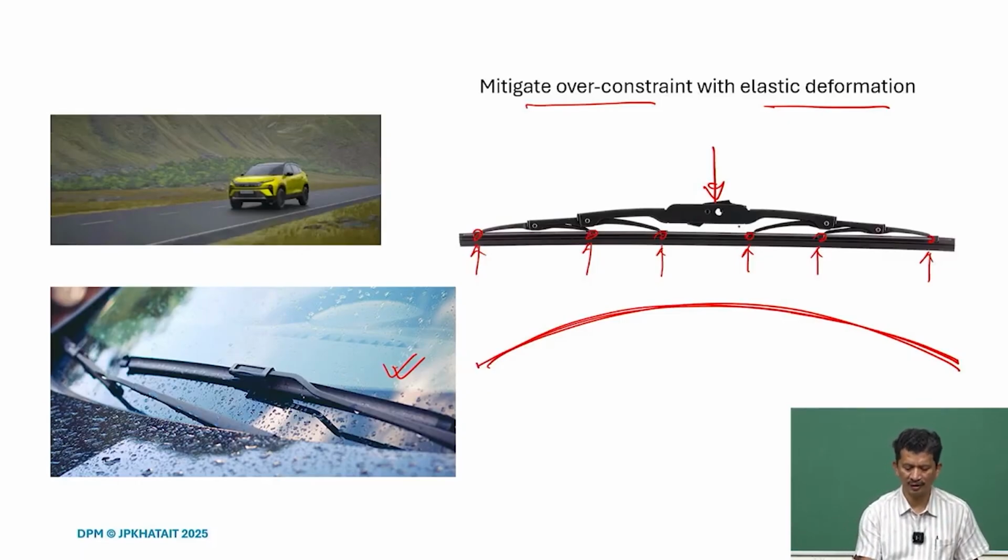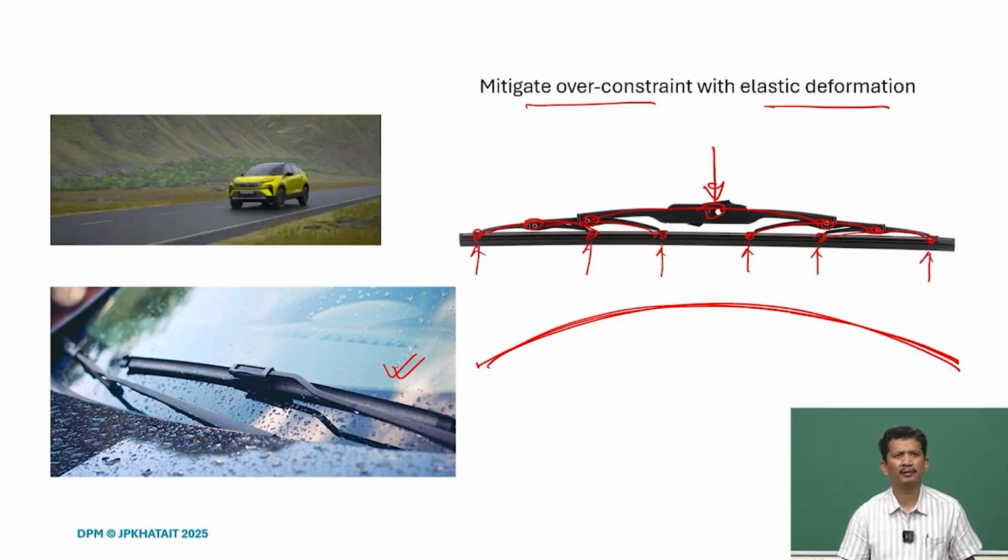What you realize is that they have a branching, this kind of configuration, and later you realize that these kind of systems are used in many places where you want to conform to the surface. There are many point contacts, but still it is not over constrained because you have provided internal degrees of freedom, and that way it self aligns and provides the proper contact or contact force.